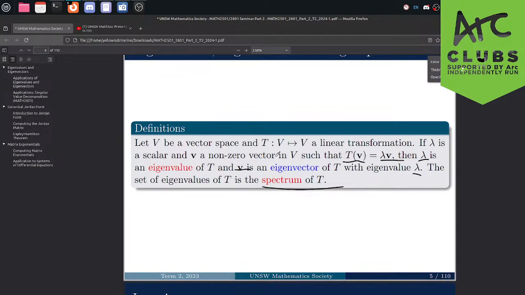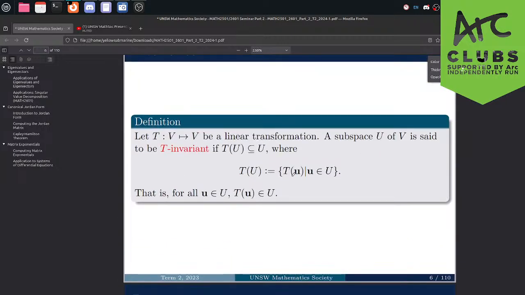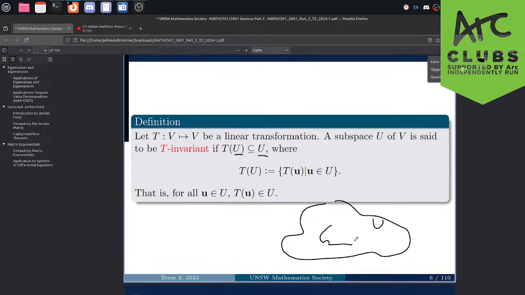T invariance refers to when you apply T to every vector in a set U and you get some subset of U. If all the vectors map to vectors inside U, whether it's the entire space U or some subset of it, then we say U is T invariant.